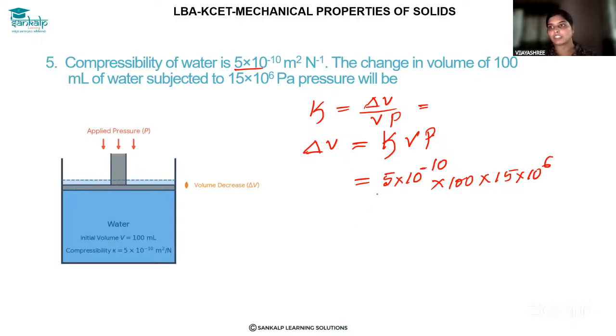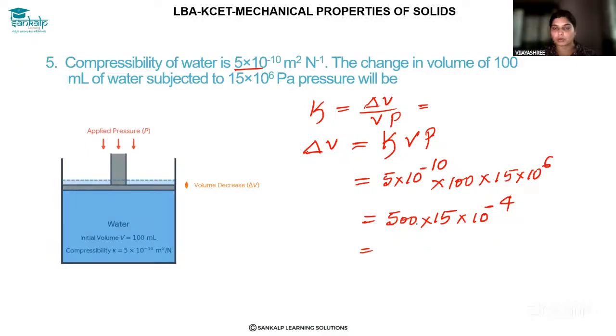Just to simplify this, we will get the answer. So it is equal to 100 into 5 is 500, 500 into 15 into 10 to the power minus 10 into 10 to the power plus 6, which is equal to 10 to the power minus 4.